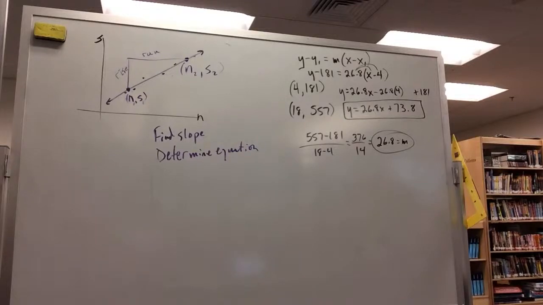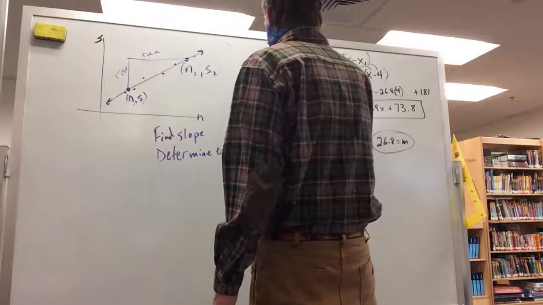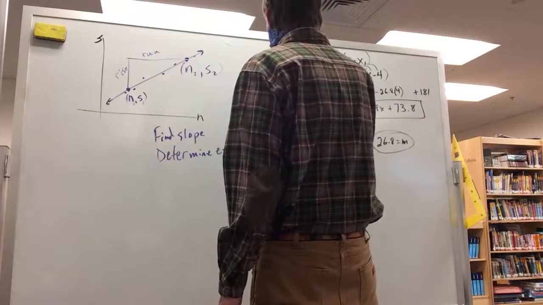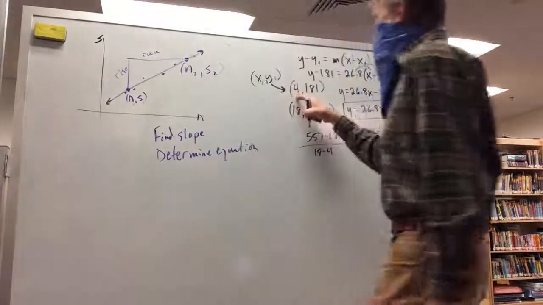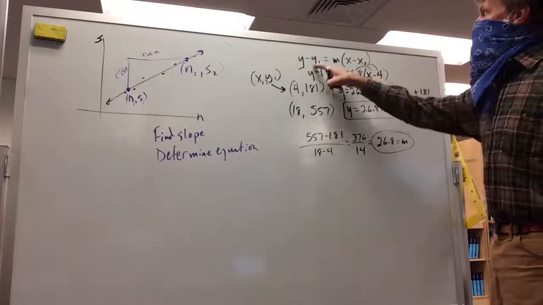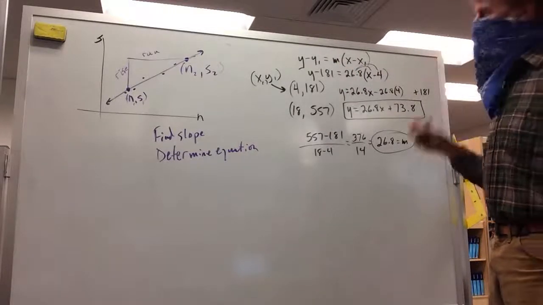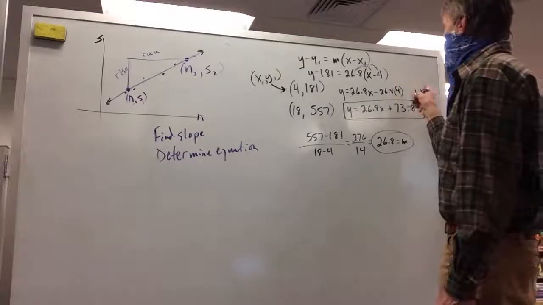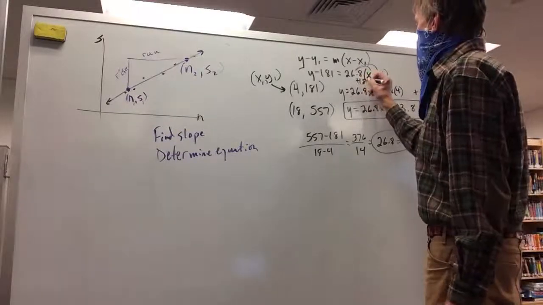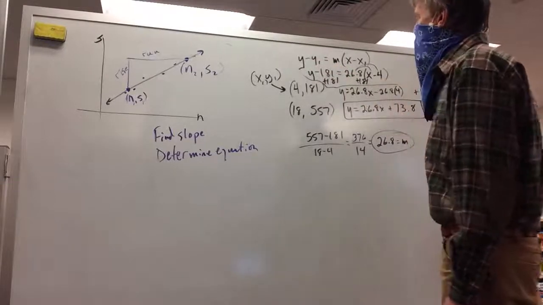Yeah, so what I did with this, I called that point my x sub 1, y sub 1, and I plugged that in to the general form of point slope form. And then here, I'm adding 181 to both sides.